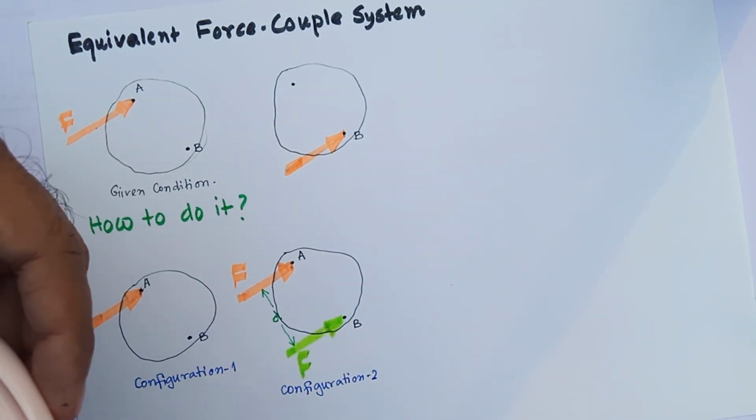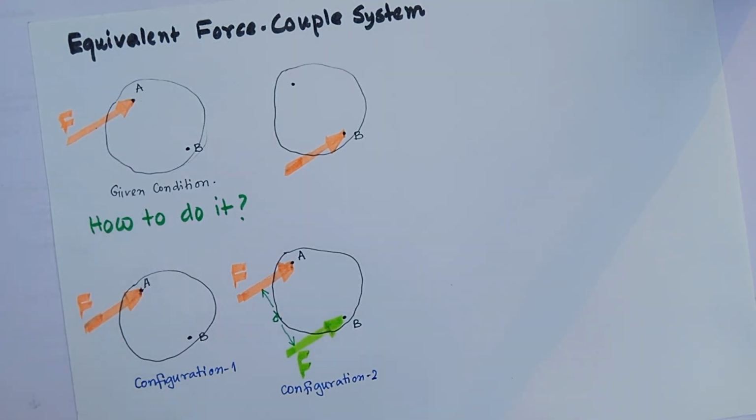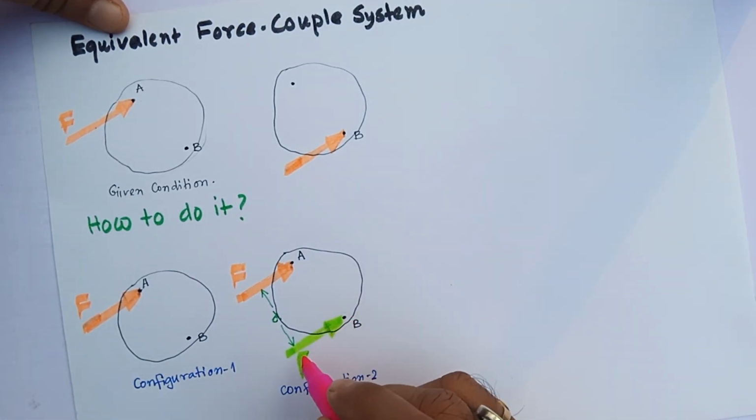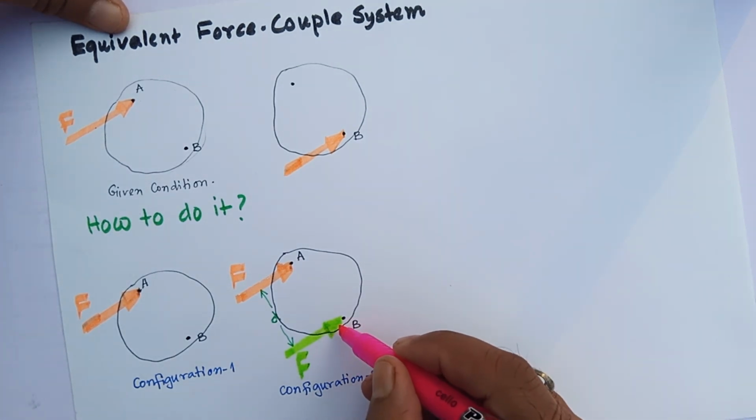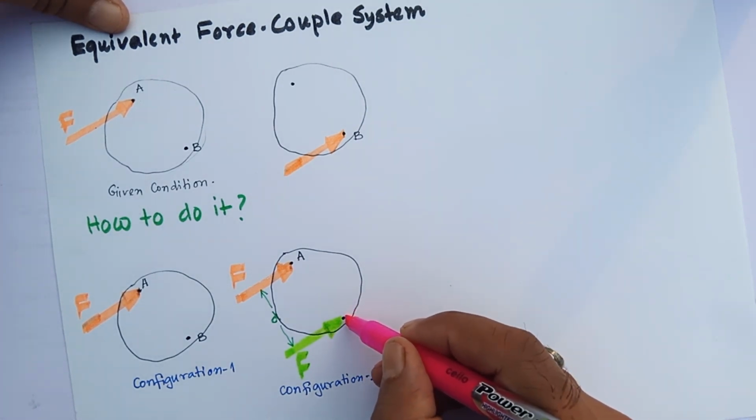So I need to go for some adjustment. If I nullify this force somehow, then these two configurations will be the same. That means I have added one force here, this green force, along with this. Now if I nullify this force, then only this will remain and this will make it equivalent to this configuration. So that we will do. Therefore, to nullify this force, I will just add an opposite force here.